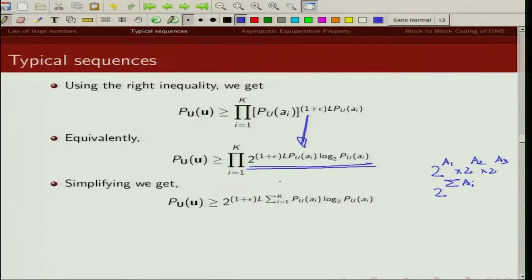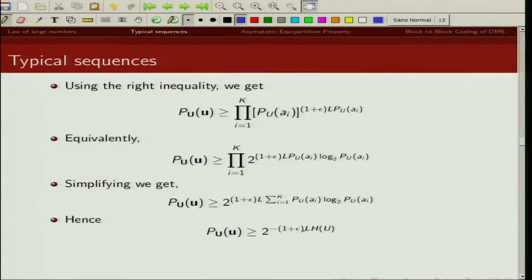So that's what I am doing in the next step. This quantity 1 plus epsilon doesn't depend on i, so I can take it out, and the remaining terms that I have is this form. Of course, L also does not depend on choice of i. So what I am left with is something like this.